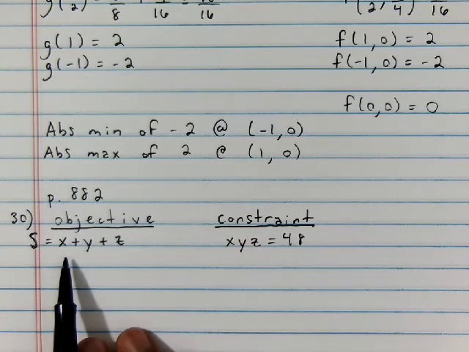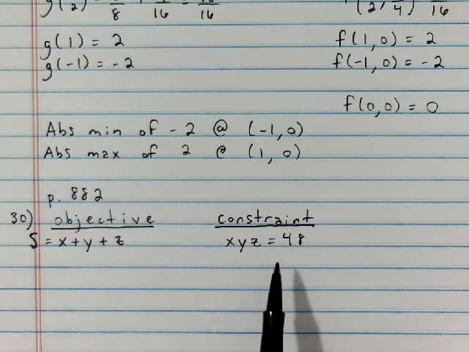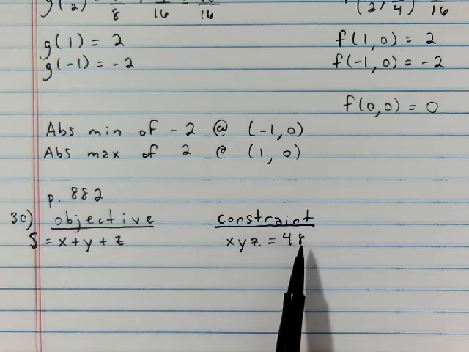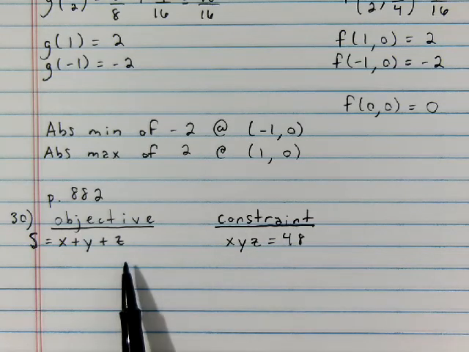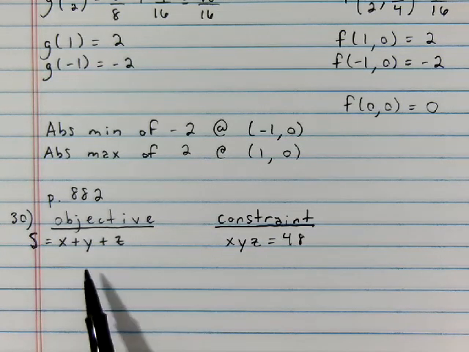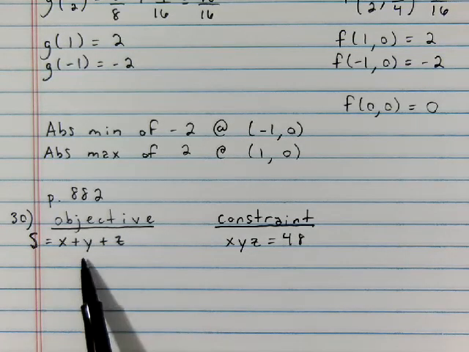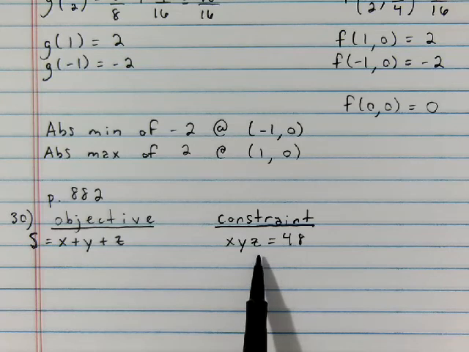So what you do is the same thing we did in Calculus 1 for objective-constraint problems like this. You solve the constraint for one of the variables and then substitute it into the objective. We like our functions to be functions of X and Y. You could make it a function of X and Z or Y and Z, but because we want a function of X and Y, we're going to solve for Z and substitute.